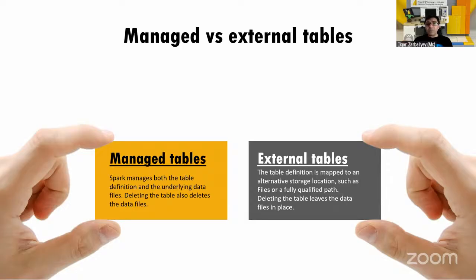So the table appears in the tables user interface for the lakehouse, but the Parquet data files and the JSON log files live in the file storage location, and you'll see them in the files node of the Lakehouse Explorer pane. And critically, deleting an external table from the Lakehouse metastore doesn't delete the associated data files. The data survives the table.